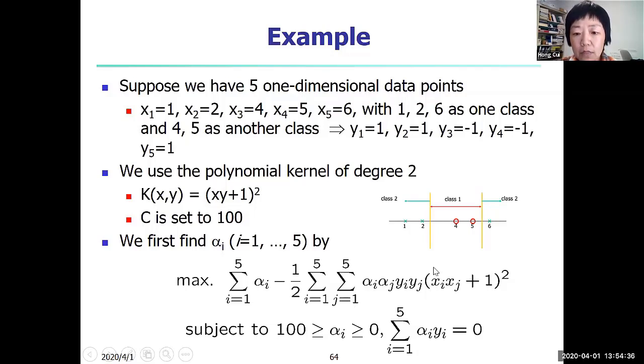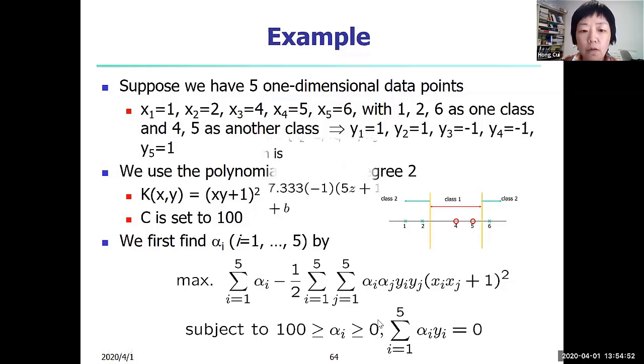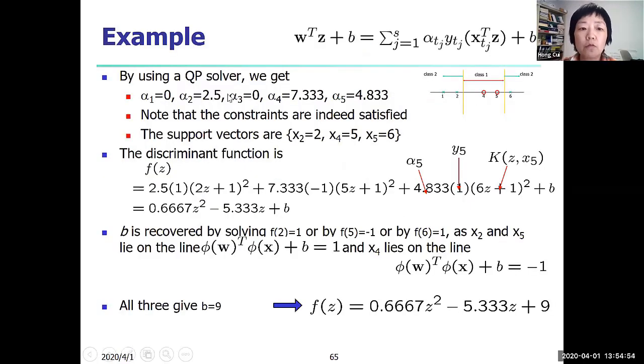And as you notice here, we stopped using the direct dot product, but we use the dot product after the transformation. So we're going to send this optimization problem to a quadratic programming solver, which is going to actually give us the result. So we don't have to do the math.